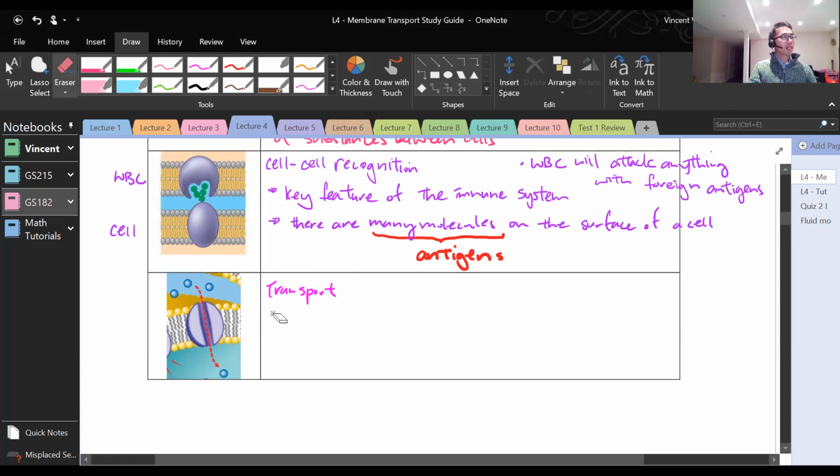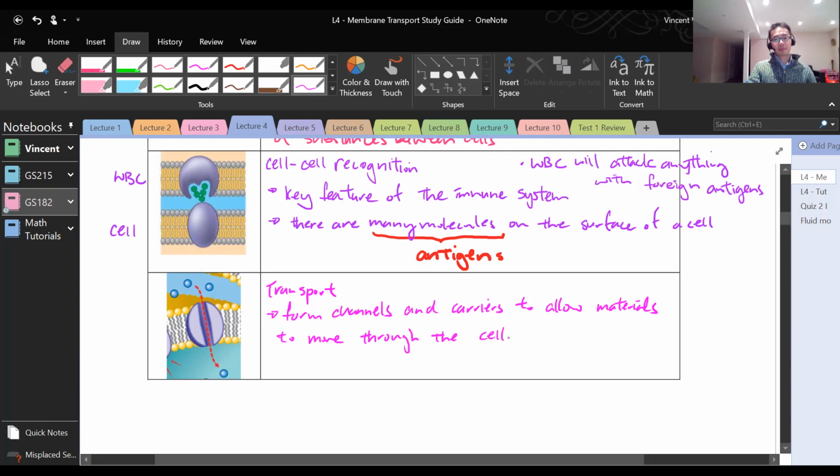So last one is transport. Okay, transport, and that's kind of like the focus of this lecture, right? So transport is the membrane would form channels, okay, and carriers to allow materials to move through the cell membrane.